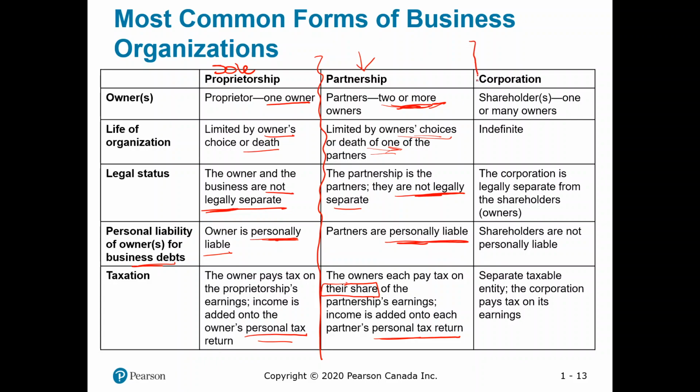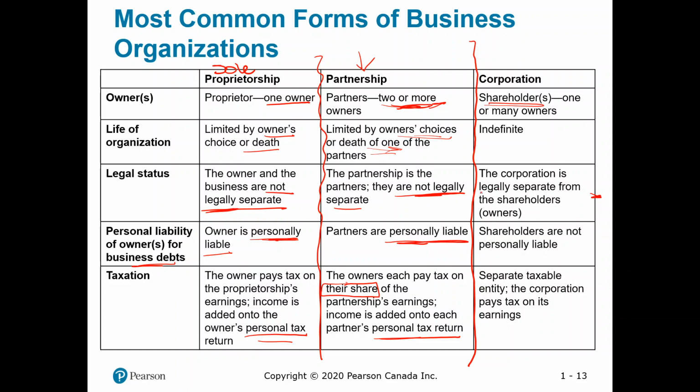Now, lastly, we will talk about corporations. So this is the one that really differs from sole proprietorship and partnership. The owners of a corporation, there can be one or many, so either, and they are called the shareholders. So for a corporation, as we see down here, I'll skip down to the legal status.